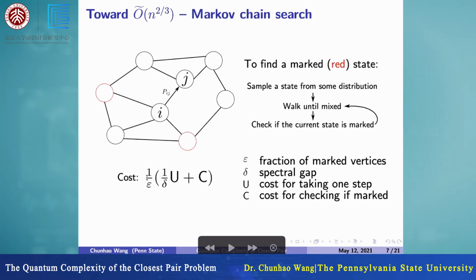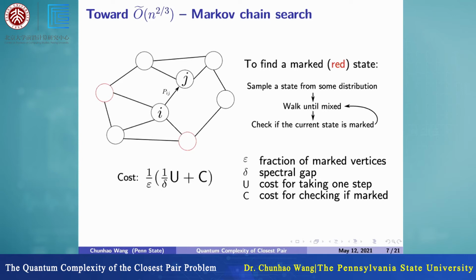Then this 1 over epsilon tells you how many times you need to repeat. So it's very intuitive that this formula gives you the running time of this Markov chain search algorithm.